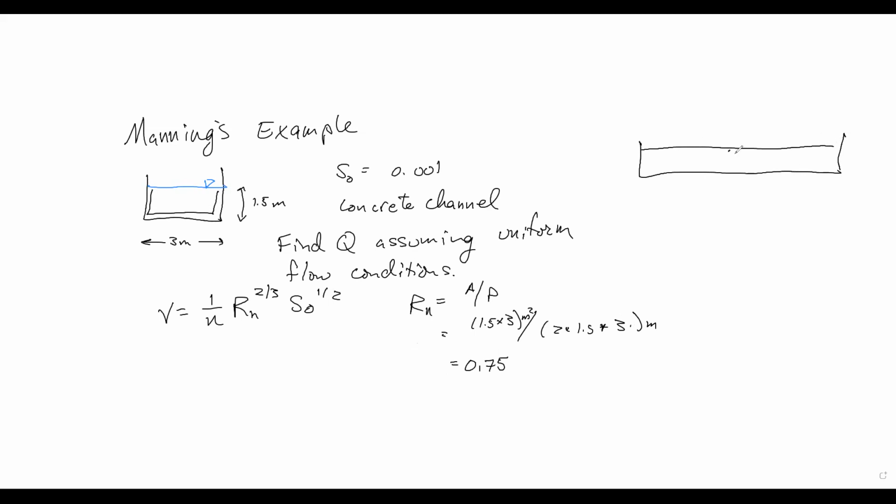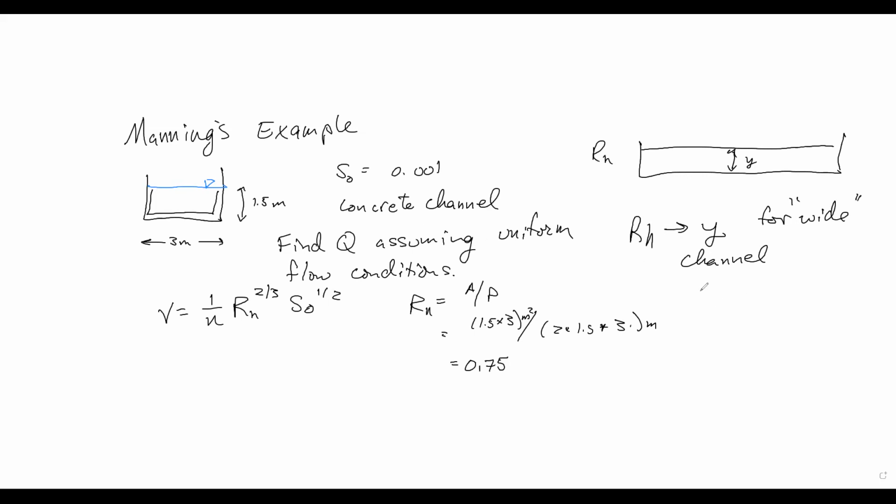And I'll note that as you get a wider and wider channel, and you can plot this, the relationship between y and hydraulic radius: hydraulic radius converges to flow depth for wide channels. I can't remember exactly what the depth to width ratio is, but you can plot this very quickly in Excel and see where they converge. I think it's maybe on the order of 10 or something like that.